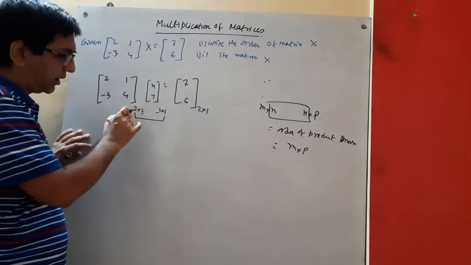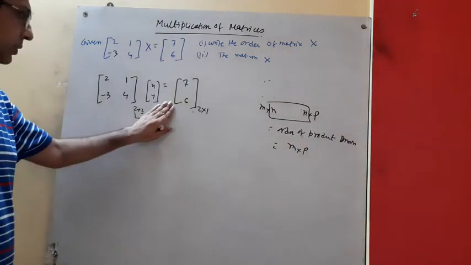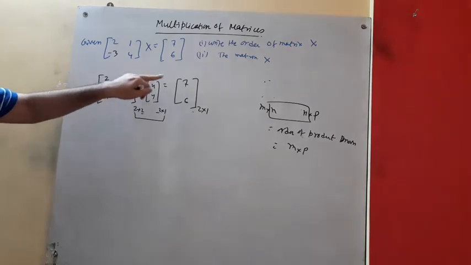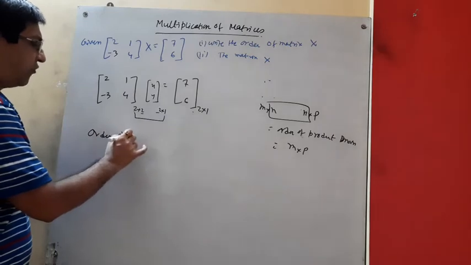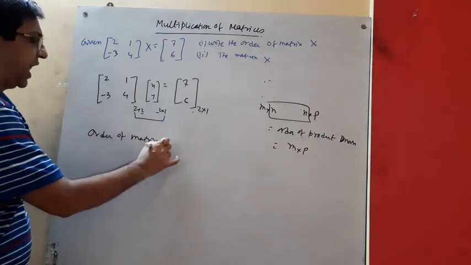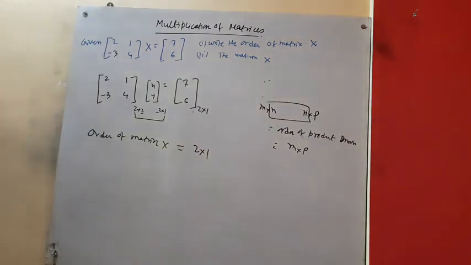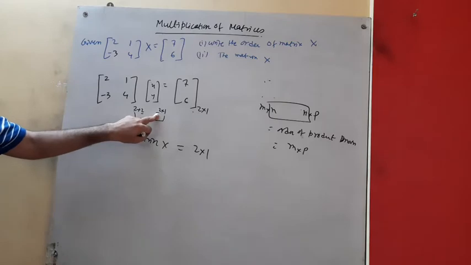The order of the product matrix is 2 by 1, which is equal. That means the order of matrix X is 2 by 1. The row number will be 2, confirm.